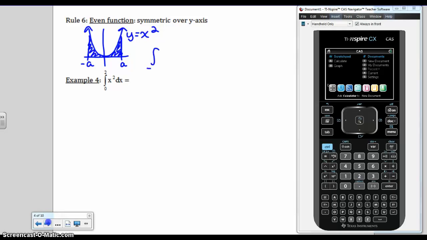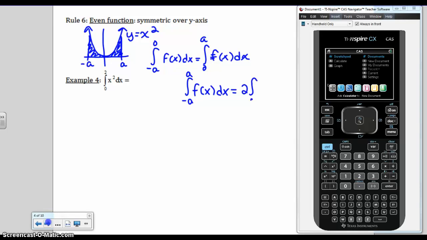So if you take an integral from negative a to 0 of an even function, that should be equal to the area from 0 to a of the even function. And so the whole area, negative a to positive a, is 2 times one of those areas. So I could go from 0 to a, or I could go from negative a to 0.